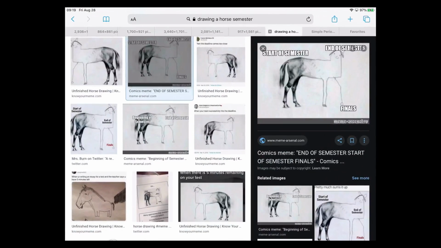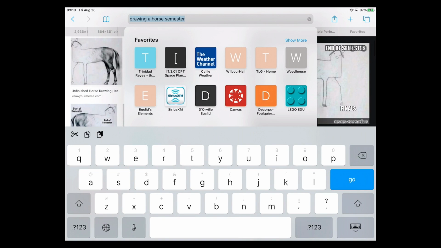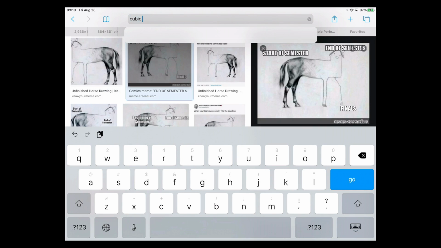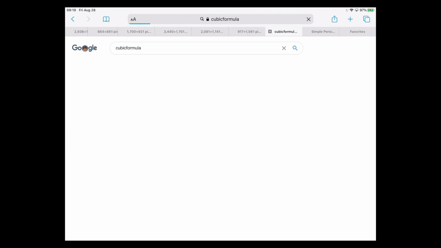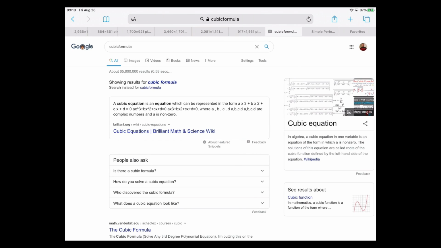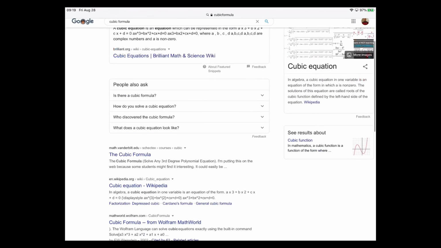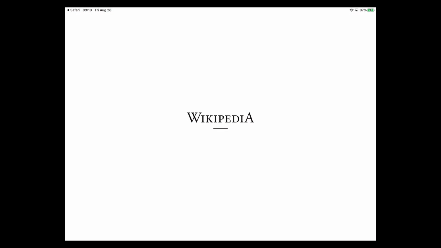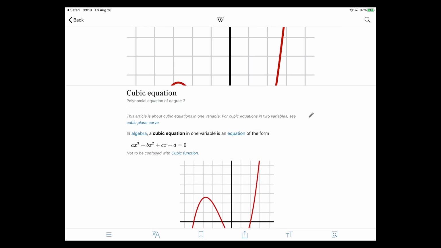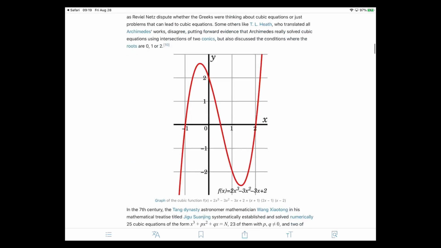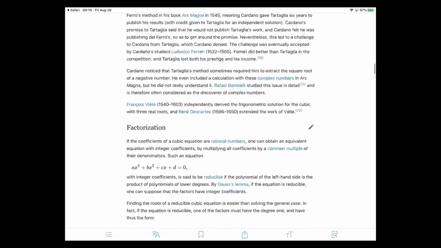If you have a cubic equation, let's go to Wikipedia, the bastion of all knowledge of Western civilization.